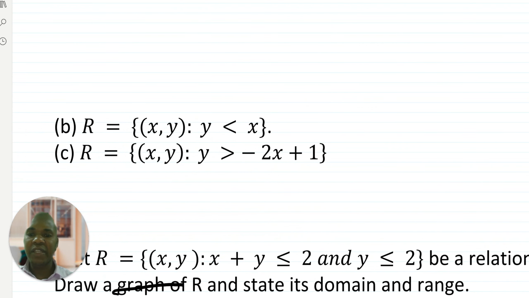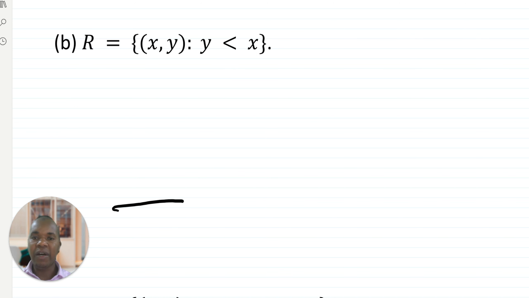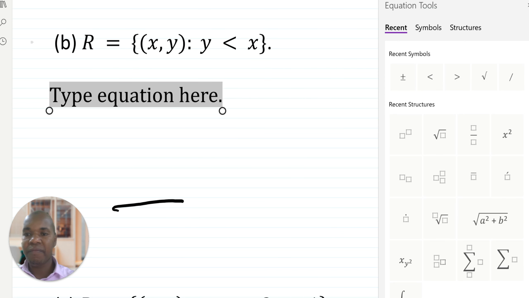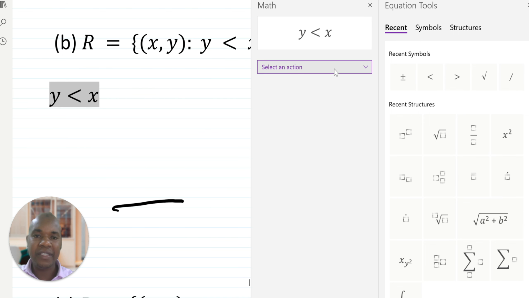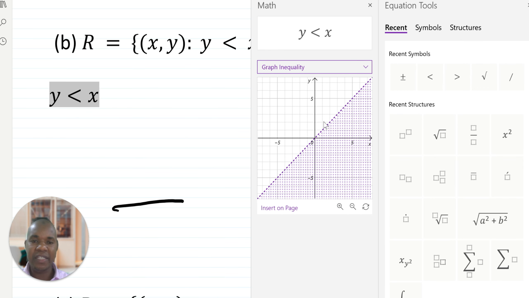The next one, dear students. With the next one, I'll do the same. I'm going to write this equation here: y less than x. I'll be sketching this graph with the mathematics approach of this OneNote application, and here it is.